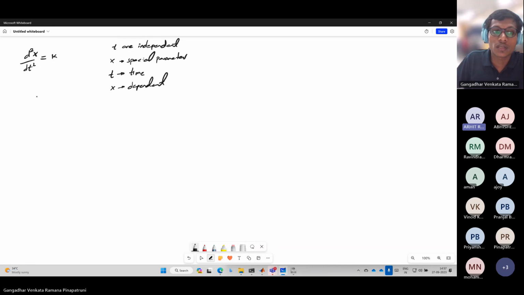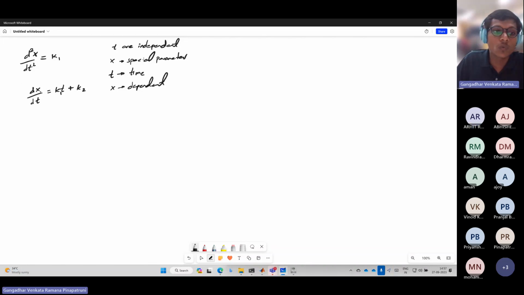So first differentiation will give you the velocity, that means dx by dt equals to kt plus constant c, yes, k2.